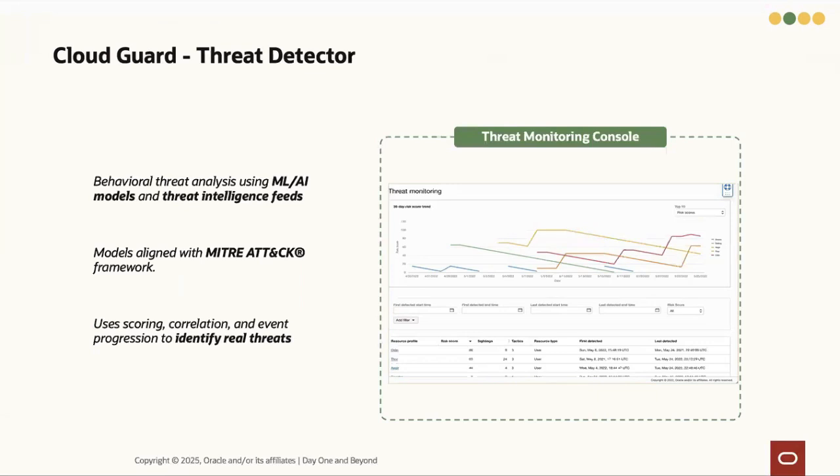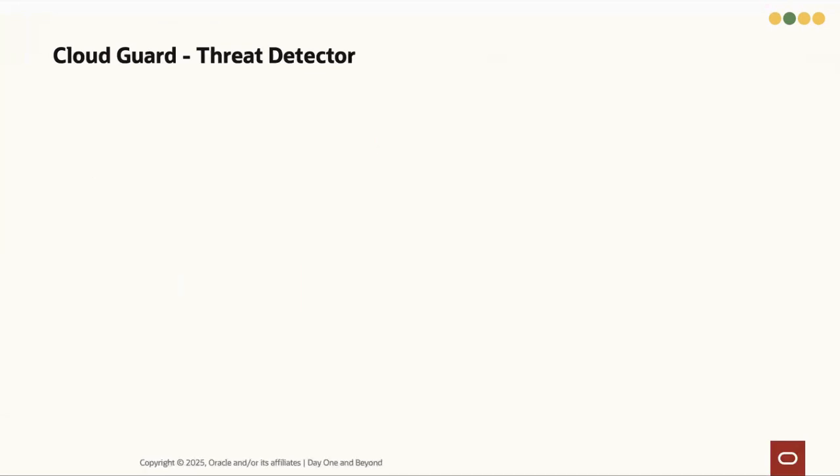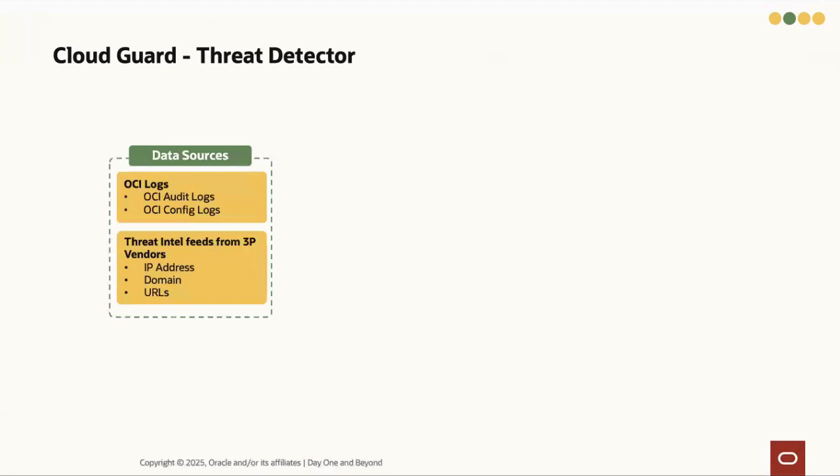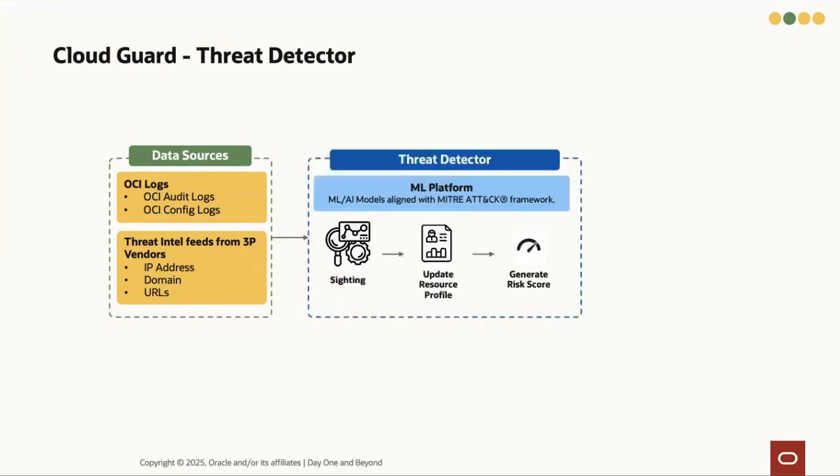So let's take a look at an overview. Threat detection looks at a data source, and this is important. It's not only getting indicators like IP address, domain, and URLs from third-party feeds, but it's also correlating that with our logging system.